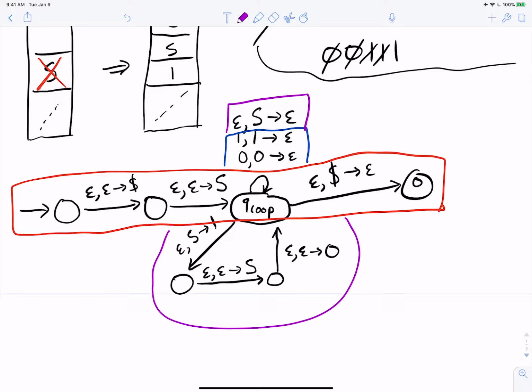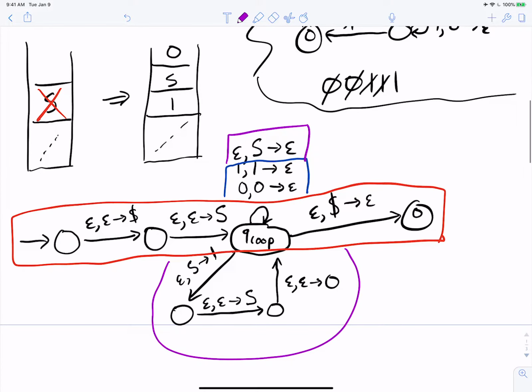So for each rule in the grammar, you have a set of transitions that goes out from the loop state and eventually comes back, where each one of them doesn't read. The first one pops the left variable because you're going to replace it, and then you push the right-hand side of the rule backwards. So this is generalizable to any grammar.